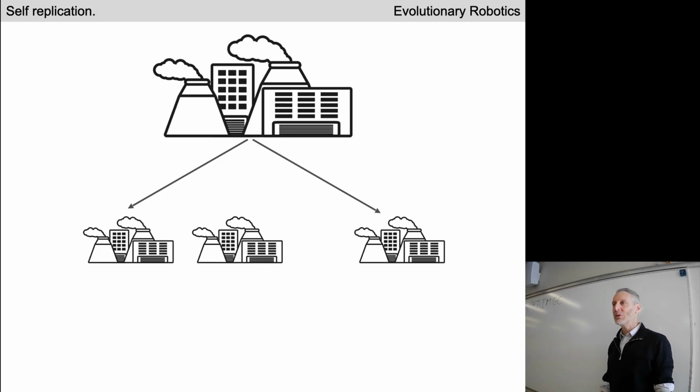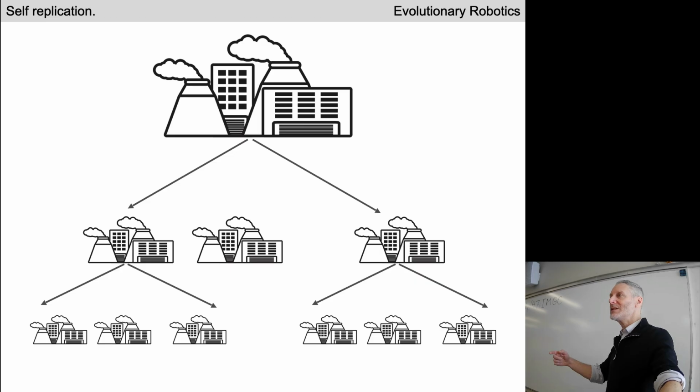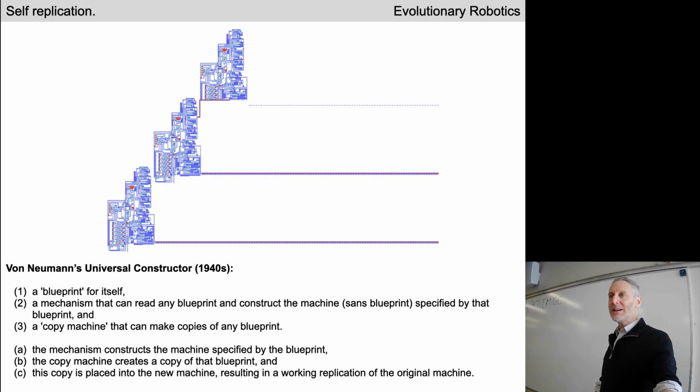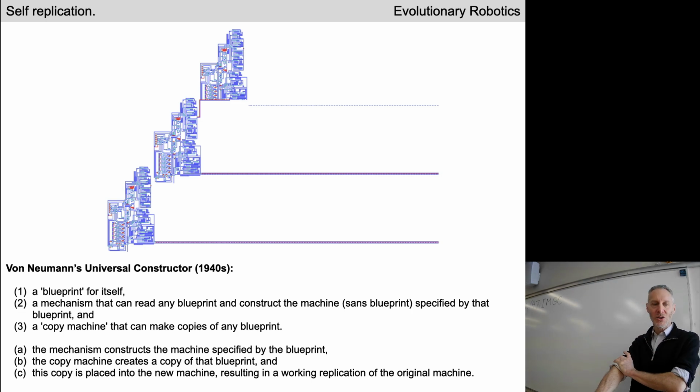Wouldn't it be nice if you could create a factory that creates factories that creates factories, where either those factories also do what you want, or at the end, those factories produce the ultimate thing that you want, which is the automobile. People have been thinking about this idea of self-replication for a long time. The first formalization of this idea of self-replication goes back to John von Neumann in the 1940s.